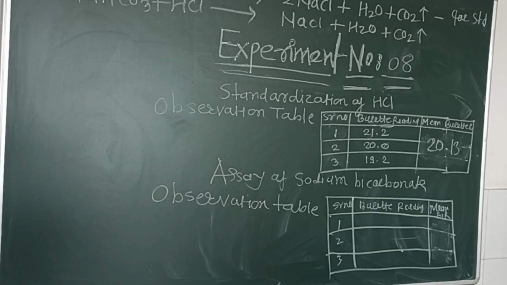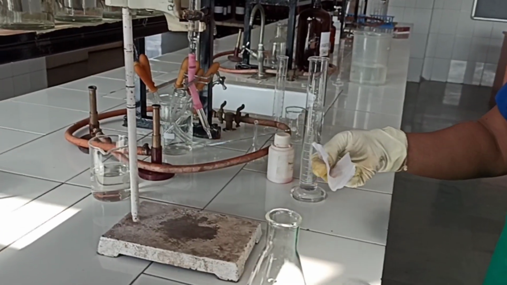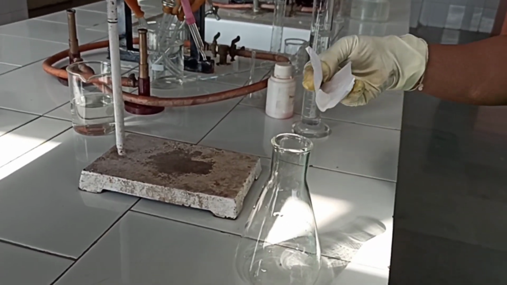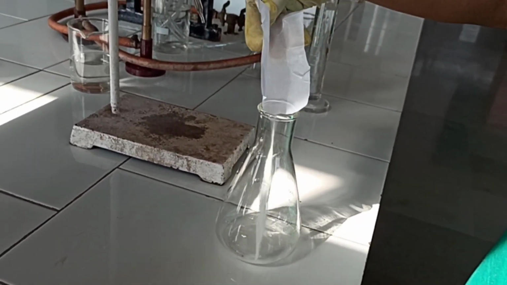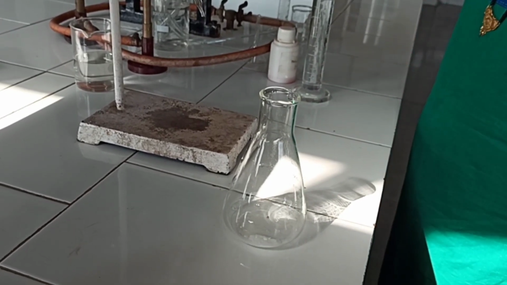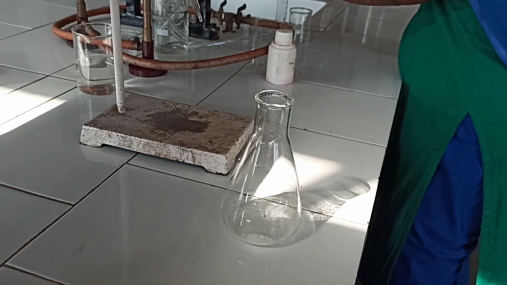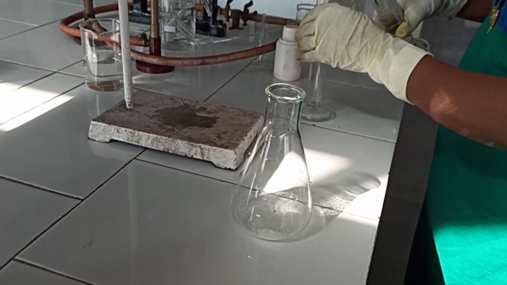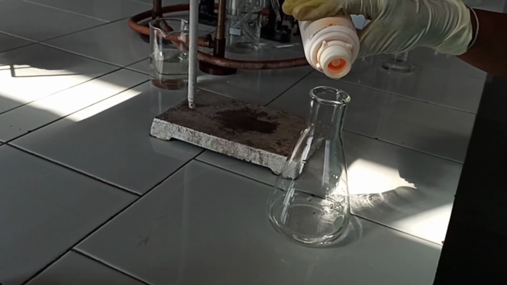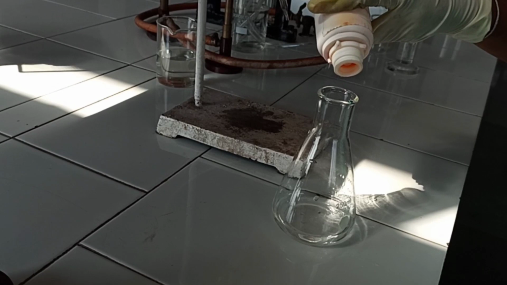See the stepwise procedure. We have to weigh accurately 1.5 gram of sodium bicarbonate and put it in our conical flask. Then we dissolve it in 50 ml of carbon dioxide free water in the conical flask. Add 0.2 ml methyl orange solution as an indicator.